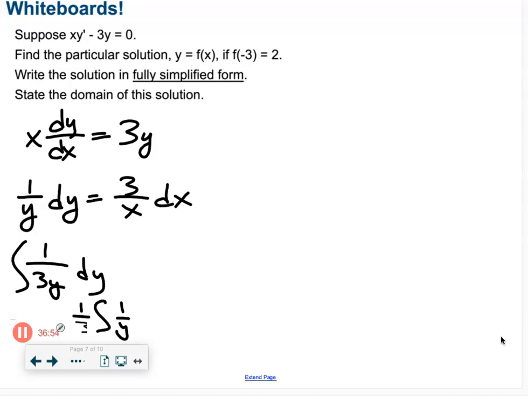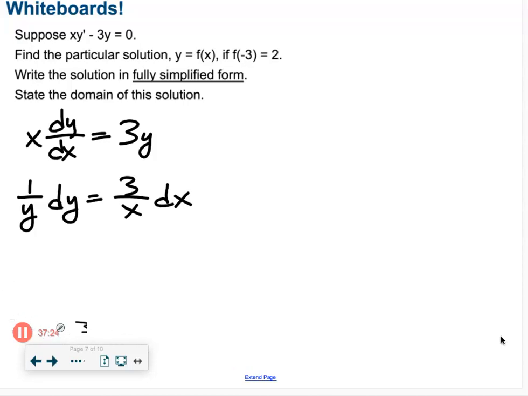Believe it or not, an antiderivative of natural log of absolute 3y and an antiderivative of natural log absolute y are equivalent. Why are they equivalent? Because ln of 3y is ln of y plus ln of 3, and the ln of 3 just gets lumped into the constant. So you actually could have it either way. But, boy, is life easier if you don't have that 3y.